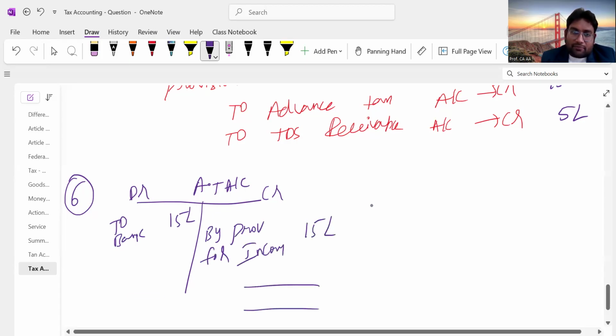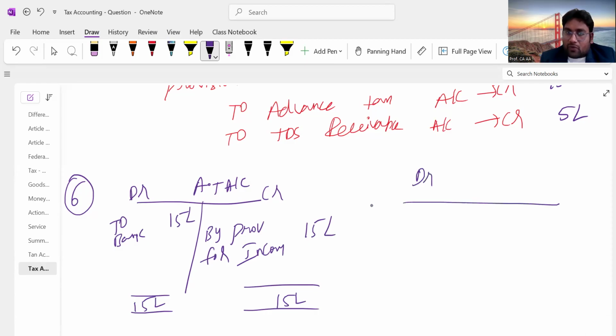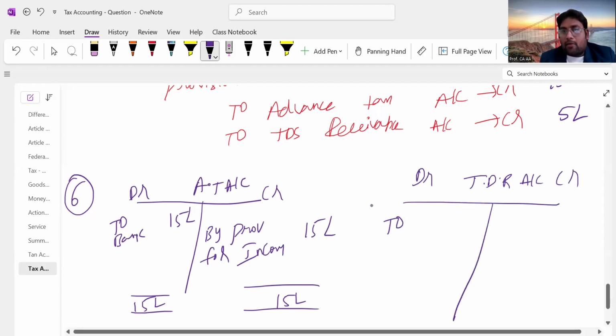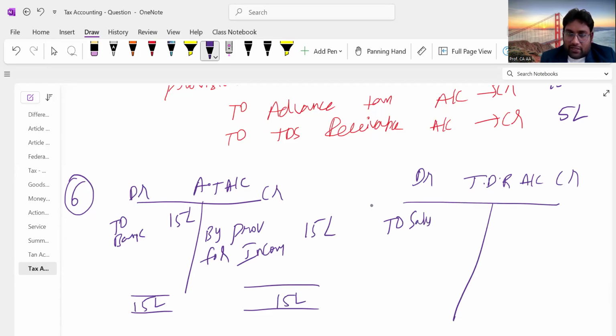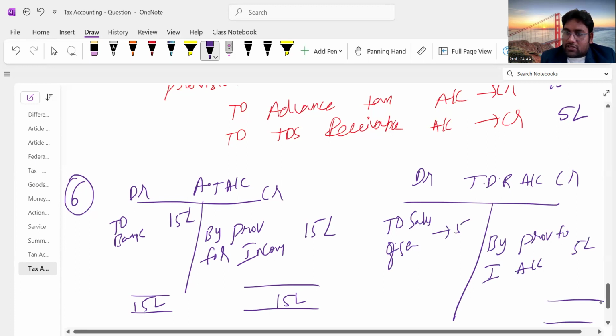So this account has become zero. Next, one more ledger: the TDS receivable account, debit, and credit to sale of services account 5 lakh, by provision for income tax account 5 lakh. So this account is also closed, 5 lakh, 5 lakh.